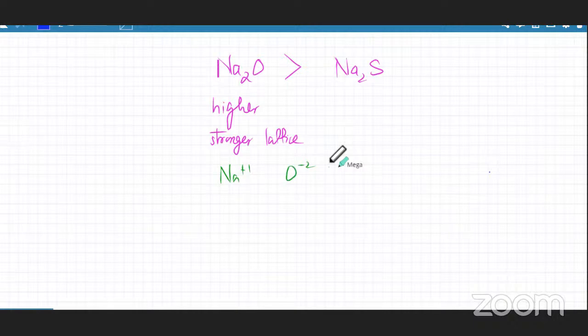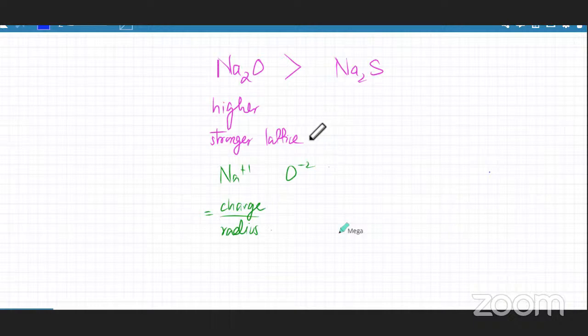One is the charge, and the other one is the radius. Charge over radius. It depends on the charge density. So the first thing is if the charge is greater, then obviously the lattice is going to be stronger.